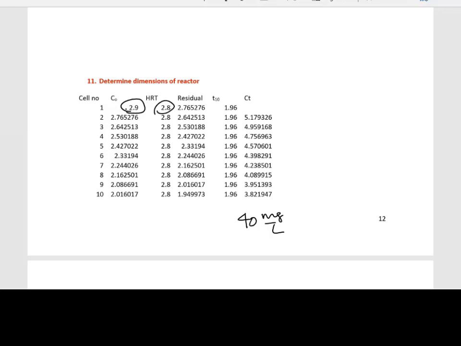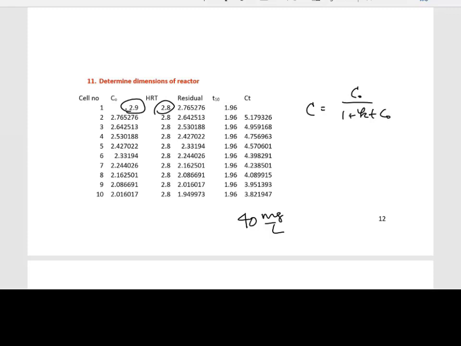So I adjusted both the hydraulic retention time and T10. You'll use the equation C equals C naught over 1 plus KT C naught to determine the residual.